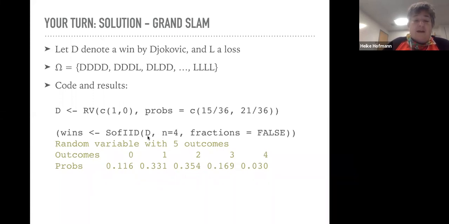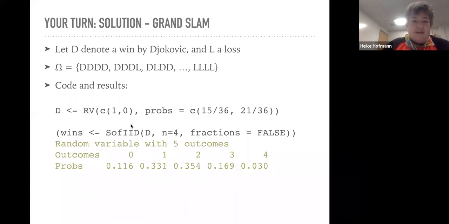So that assumes that over the season, his winning chances don't change. So for every single match, he's in exactly the same shape, and he will win with a probability of 15 out of 36. So you can already see the limits of our hypothetical model here too.